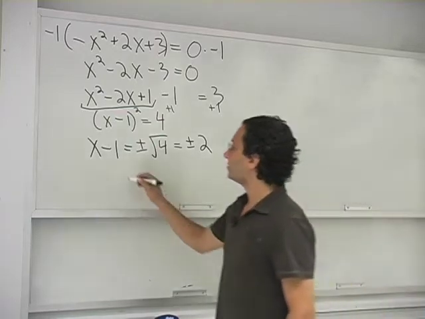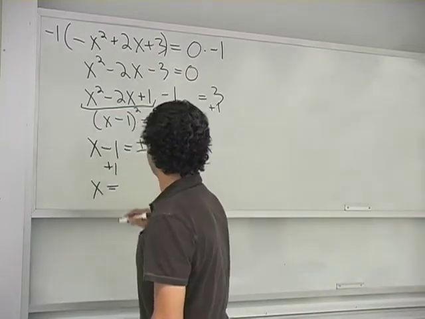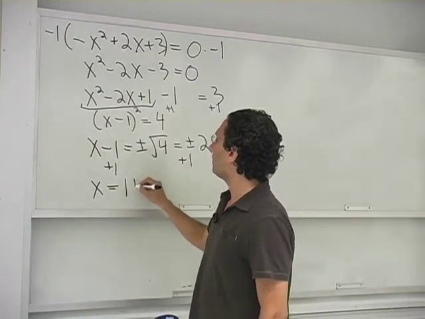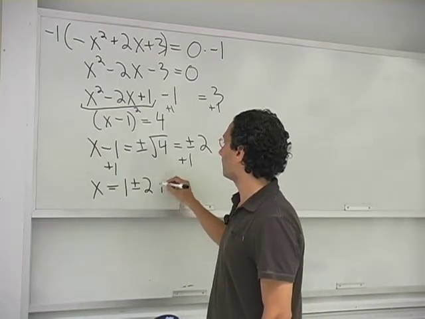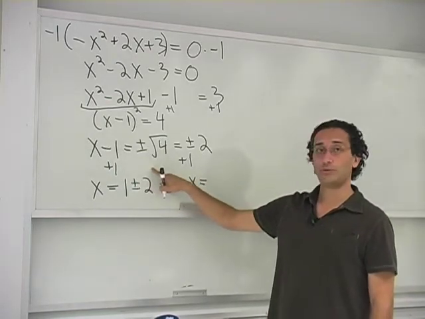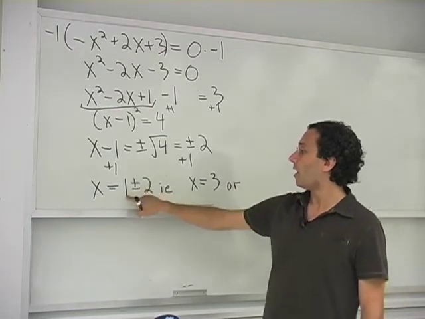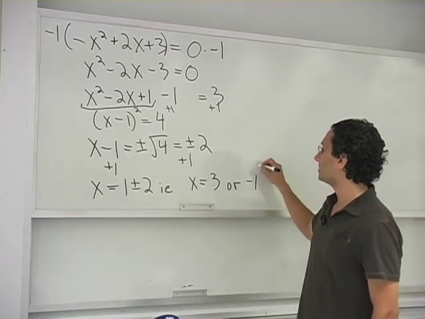If that's true, then I can add 1 to both sides and get that x is equal to 1 plus or minus 2, i.e., x could be 1 plus 2, which is 3, or 1 minus 2, which is minus 1.